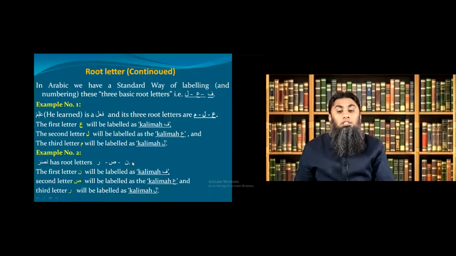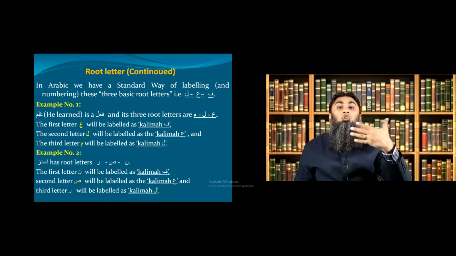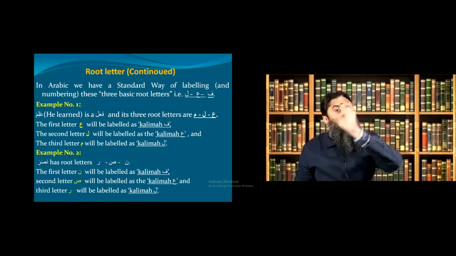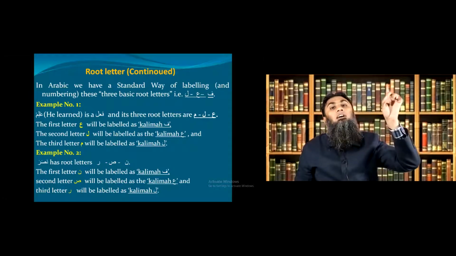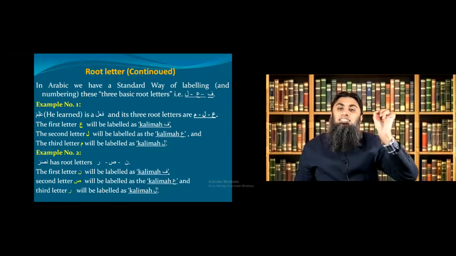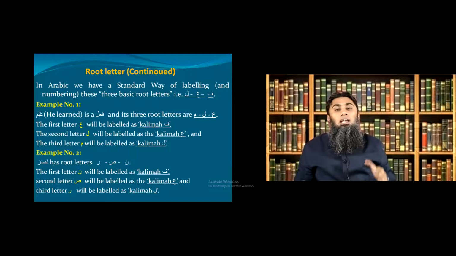We'll call noon the fa kalima, sod the ain kalima, and ra the lam kalima. So this is the standard labeling of the three root letters of all words. The first root letter is called kalima fa, the second one kalima ain, and the third one kalima lam. At this beginning stage, this is enough.